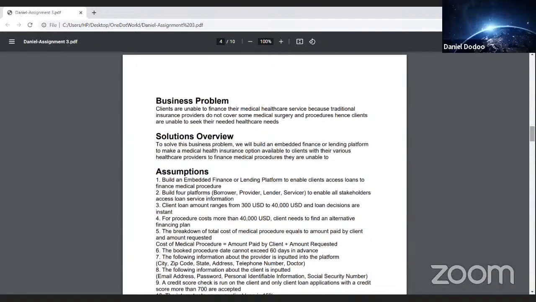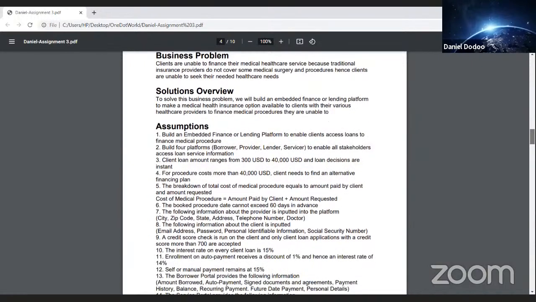Hence, clients are unable to seek their needed healthcare. This is a challenge a stakeholder has presented before us, and after interacting with the stakeholder, we came to a decision on the way forward with what we are to do.